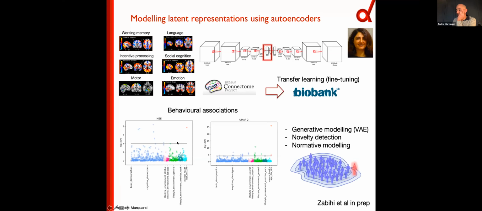Taking this forward, this is a really promising way to do, for example, large-scale normative modeling, anomaly detection, as I've shown you before, and to provide a generative model for brain function across different tasks.